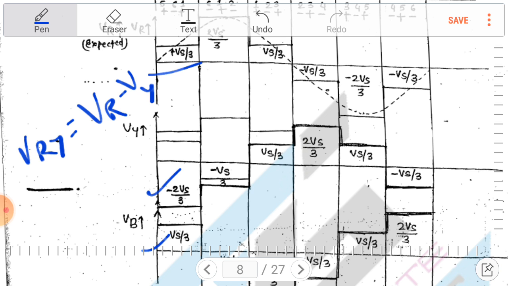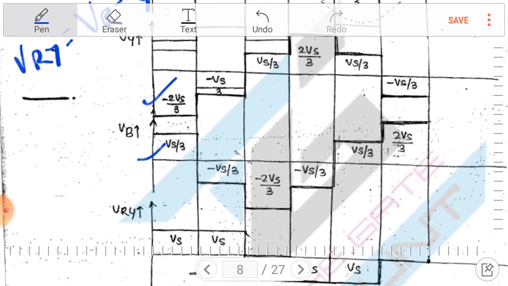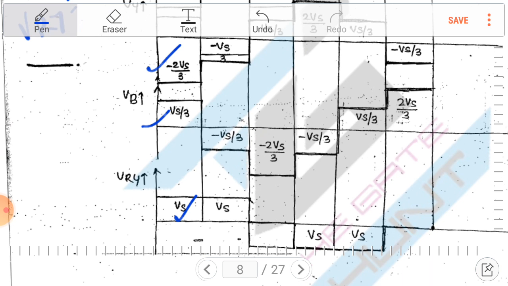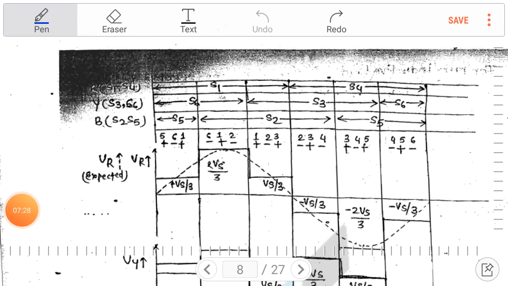So by using this formula, we get VRY equal to Vs. We will carry on this procedure for the next 5 modes, and after that the series will be repeated and the cycle will be completed in only 6 modes.